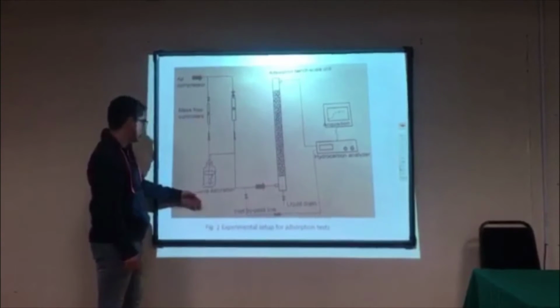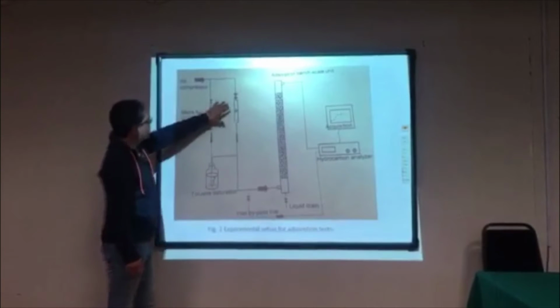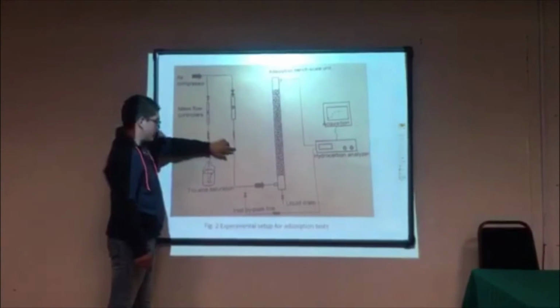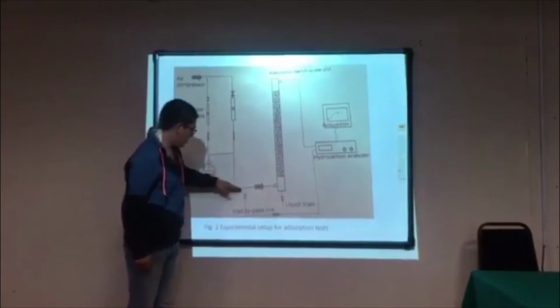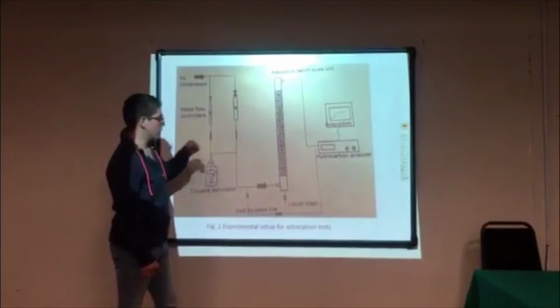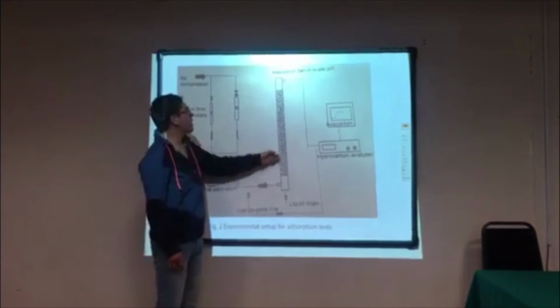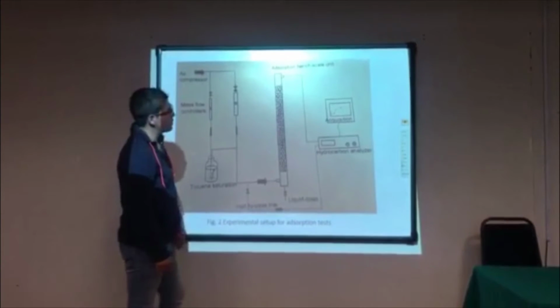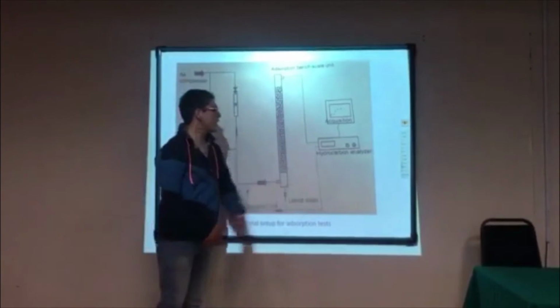Here we also have a toluene saturation. Then the two lines of mass flow go together and pass through the inlet line, which sets the concentration to the desired value. Then we have the absorption bench scale unit, and everything was measured by a hydrocarbon analyzer.